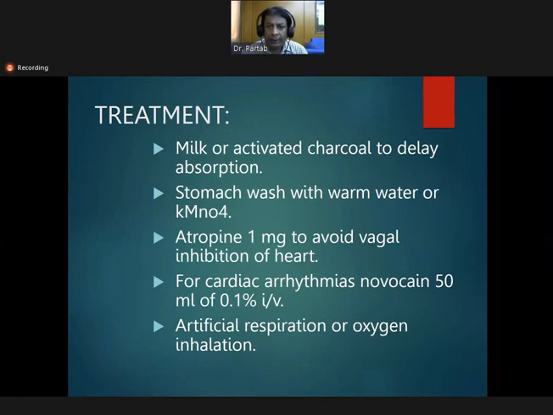Very weak alkali, weak acid, and activated charcoal. These three portions are combined and given when you don't know what poison was taken by the patient.